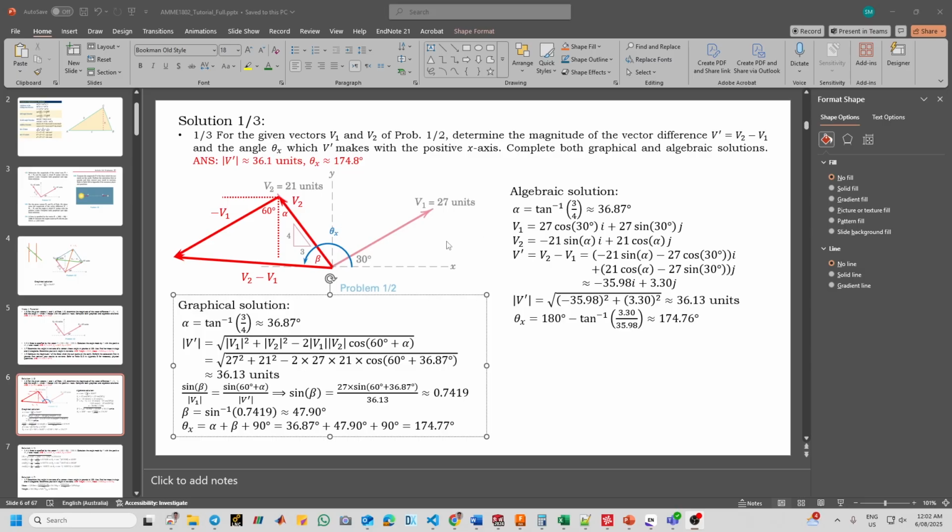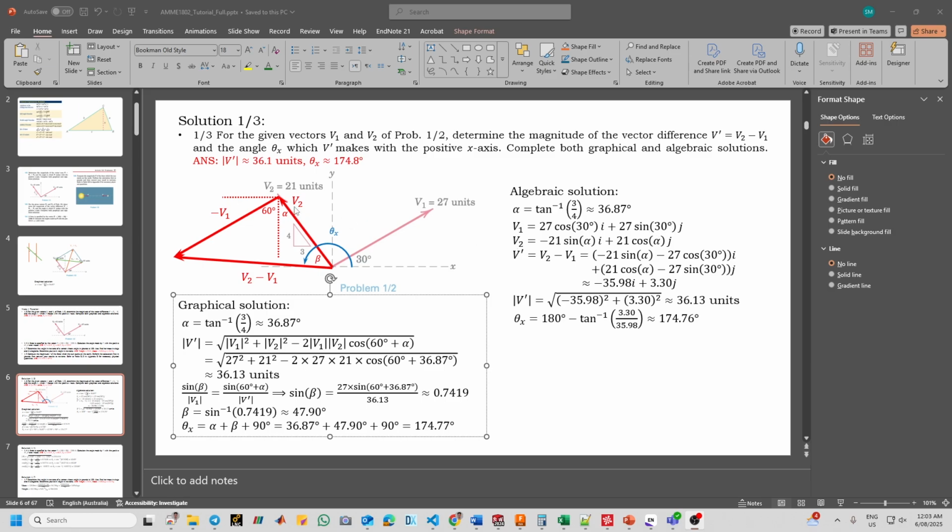For using the algebraic solution, which is my favorite, you need to decompose it to i and j. So v1, what is the length of v1? 27. What is the angle with the x-axis? 30. So it will be 27 cos 30 degrees times i plus 27 sin 30 degrees j.